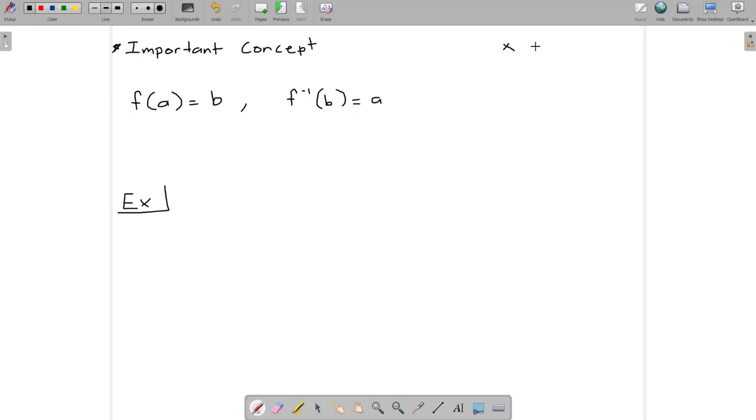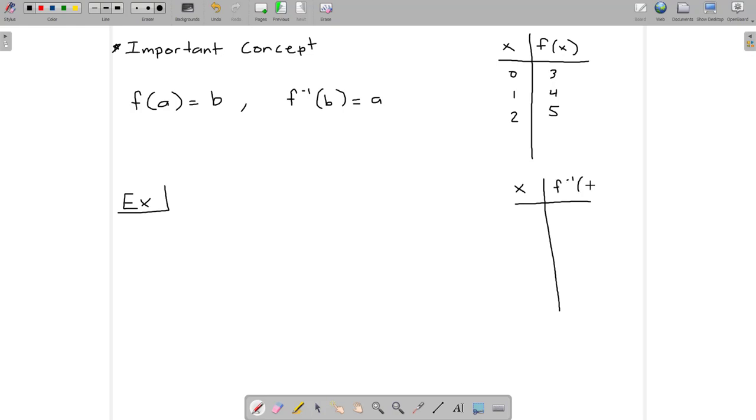And it's the same if you made a whole table of values. Maybe not x and y, we'll do x and f of x. If you know that at 0, 1, and 2, this is say 3, 4, and 5, then if you made a table of values for f inverse, you just swap these essentially.